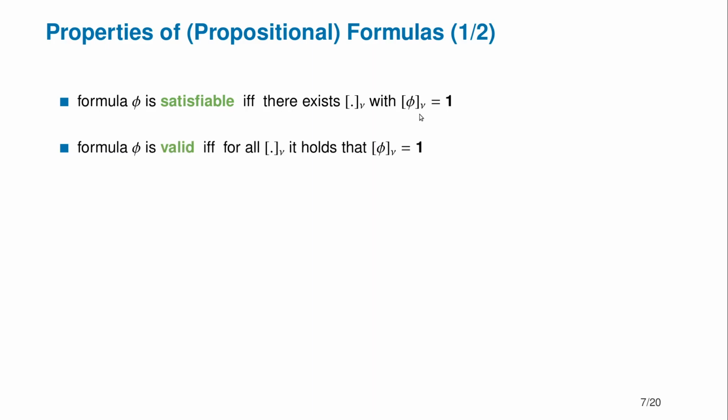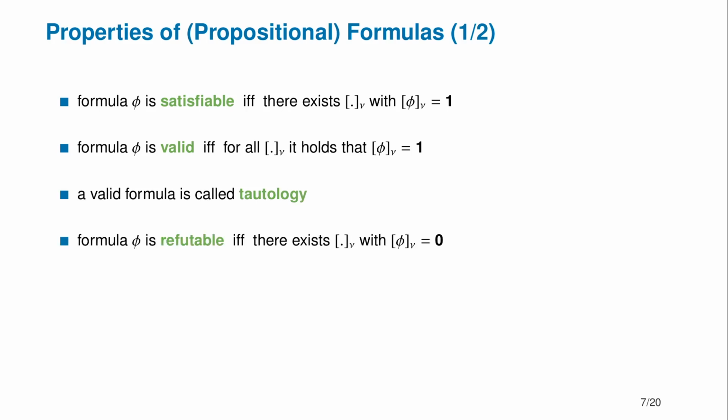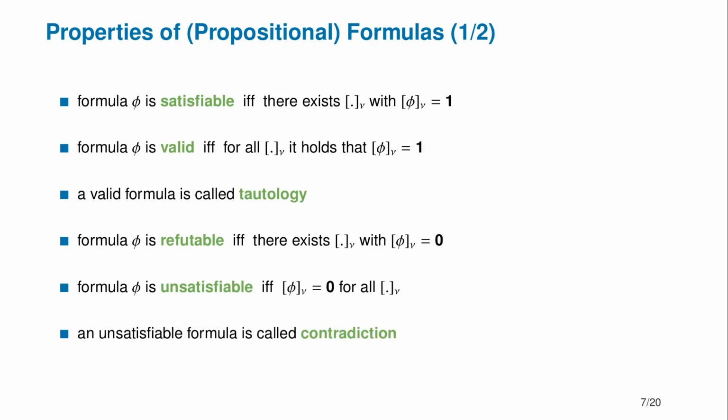We call a formula valid if the formula evaluates to true under every interpretation. So if every assignment is a model, a valid formula is called a tautology. A refutable formula is a formula which has a counter model, and a formula is unsatisfiable if there is no model. An unsatisfiable formula is also called a contradiction.